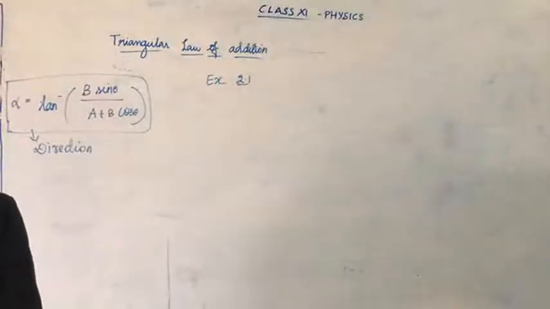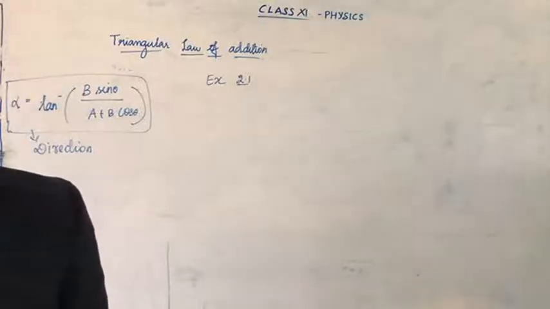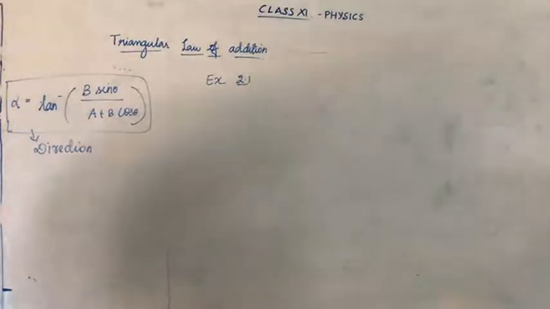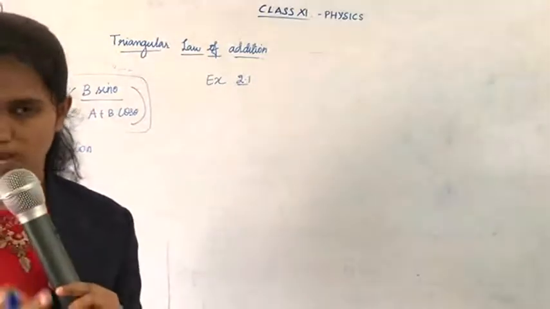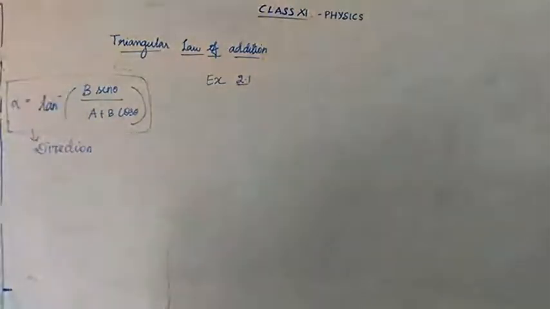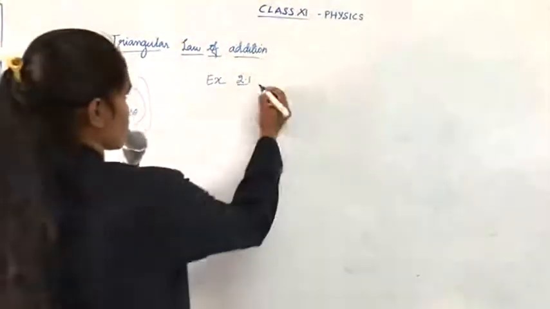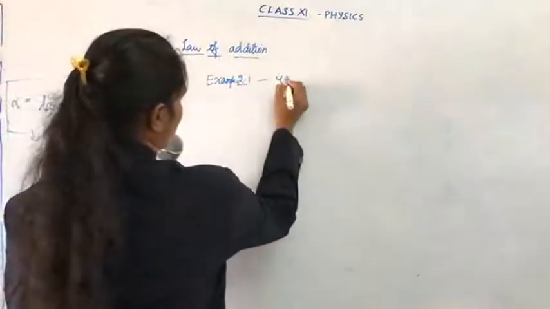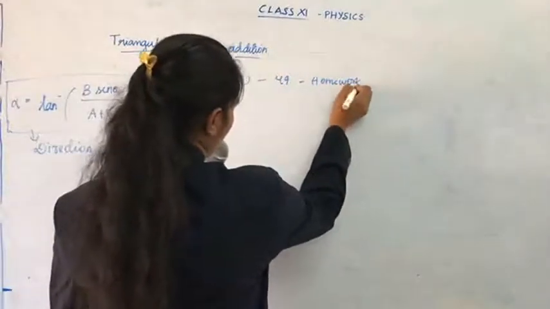Two vectors, A vector and B vector, of magnitude 5 and 7 units. Their angle is 60 degrees. You have to find the magnitude of the resultant vector and its direction. So, you have to use the formula of the magnitude R vector and alpha. You solve it and make it as a homework. Example 2.1 in page number 49 is your homework. Do it based upon this formula.